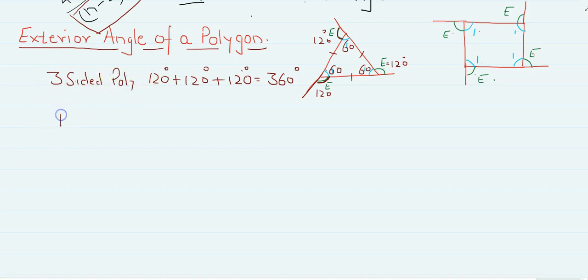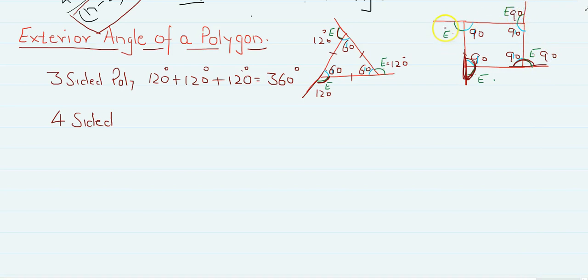Let's talk about a 4-sided polygon. Let's see, this is a rectangle, and we know that each angle of a rectangle is 90 degrees. This angle will be, because this is a straight line making 180 degrees, and this is also a straight line making 180 degrees, the remaining angle will be 90.